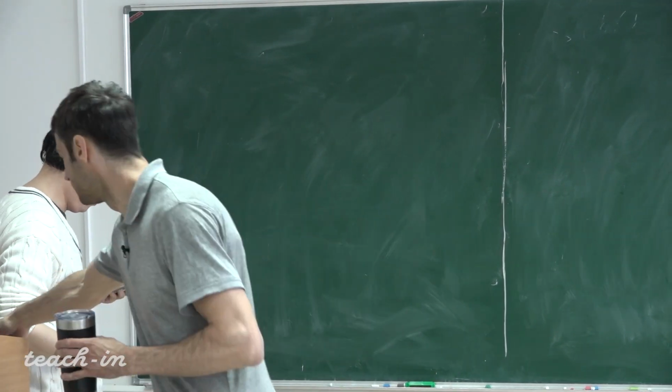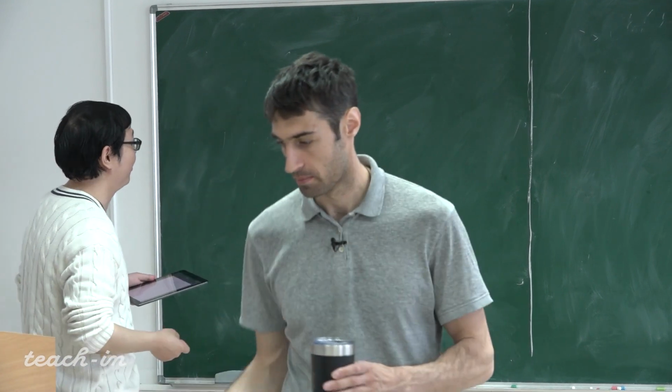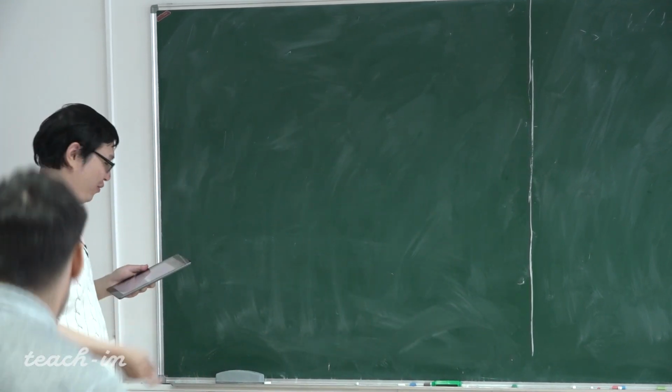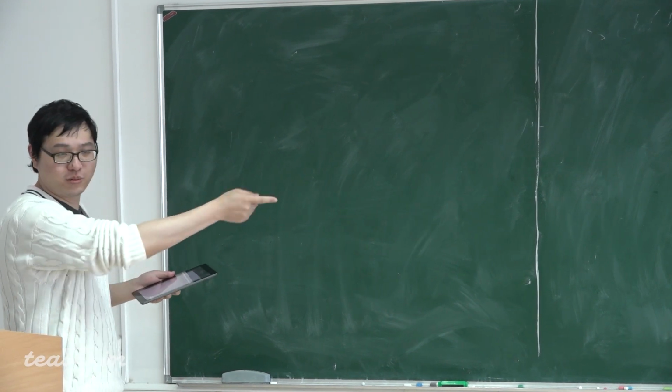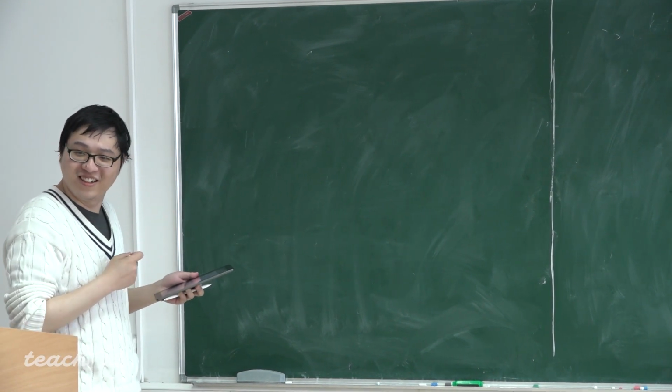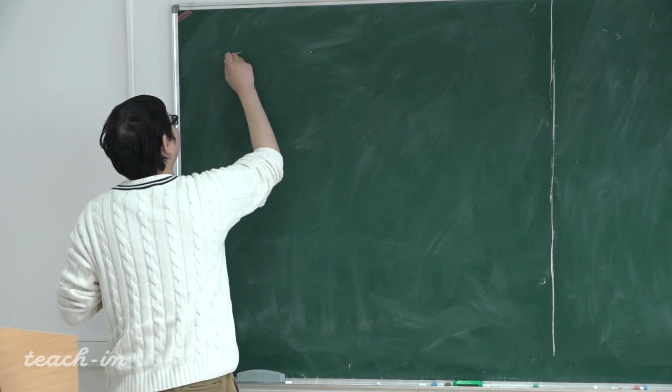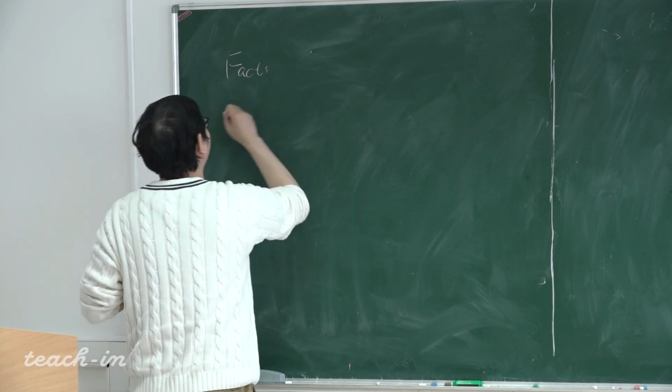I will talk about problem 1, but I will put some lemma in problem 1 and it can solve problem 2 simultaneously. Okay, very well. First, we know some facts.